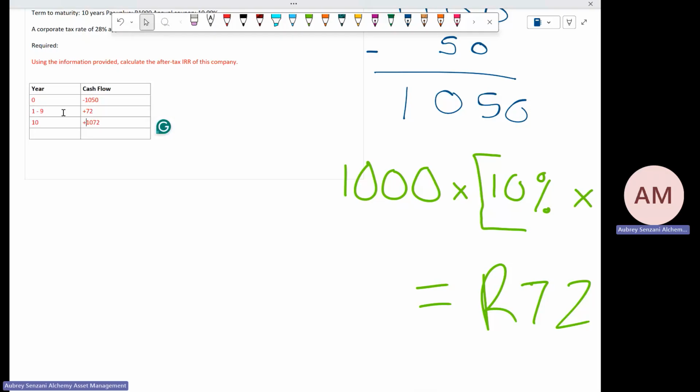These cash flows. We're trying to calculate that. We just input all our cash flows and then press IRR to get the answer. So let's do it together now.